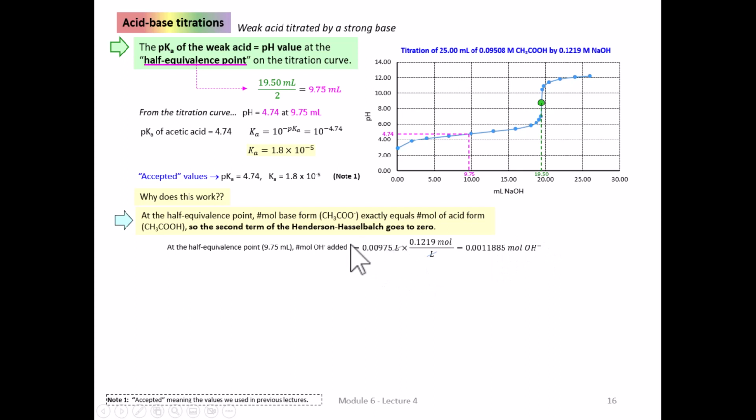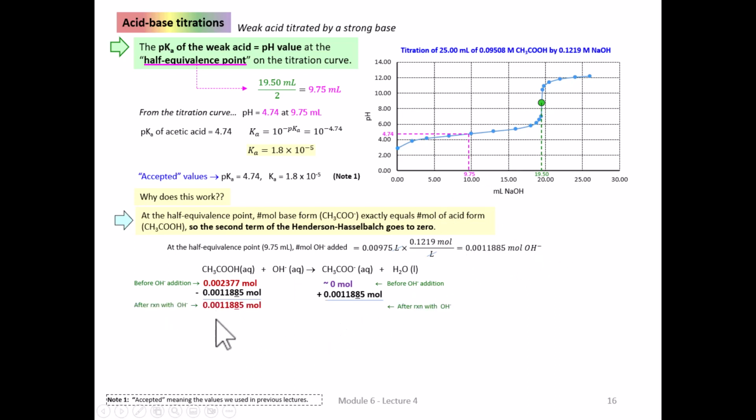That would be the half equivalence point volume times the concentration. If we track how much acetic acid is left, we started with this many moles of acetic acid. We destroyed this many moles of acetic acid and produced this many moles of acetate at the half equivalence point when we added this many moles of hydroxide.